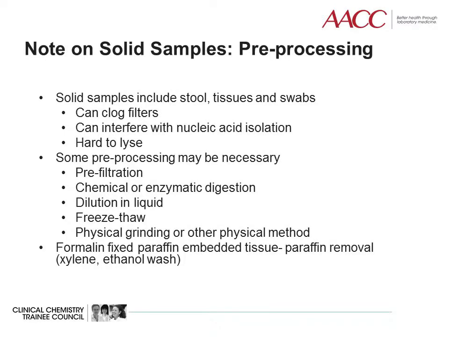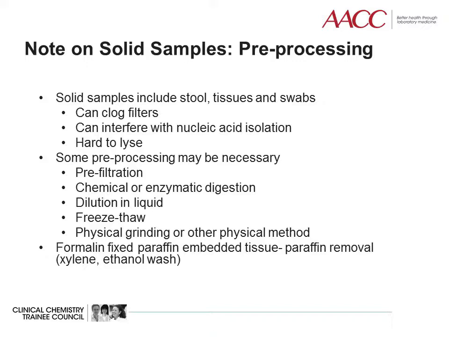Some solid samples may require pre-processing. As mentioned in the previous slide, more difficult samples like stool may require more extensive purification steps to remove inhibitors to downstream analysis, like removal of proteins and debris. These types of samples can literally clog or interfere with DNA or RNA procedures if not properly handled.